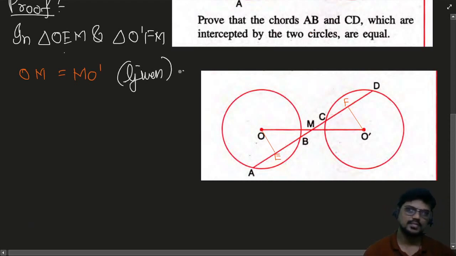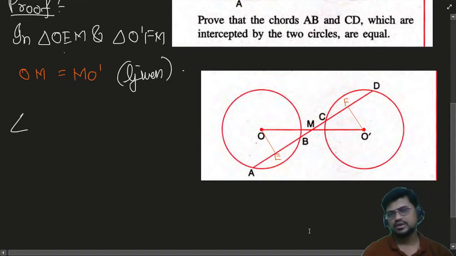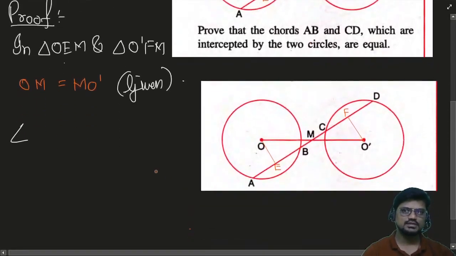Next, angle OME. Fine. So what we were doing, that in triangle OEM and triangle O dash FM, what we have, OM is equal to MO dash. Why?